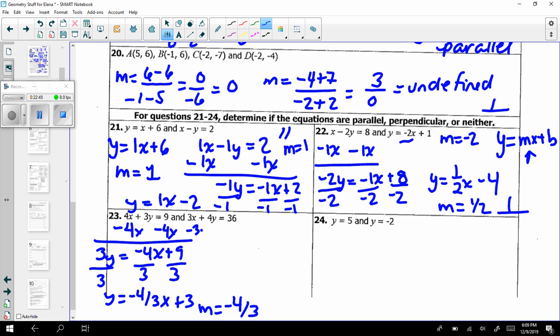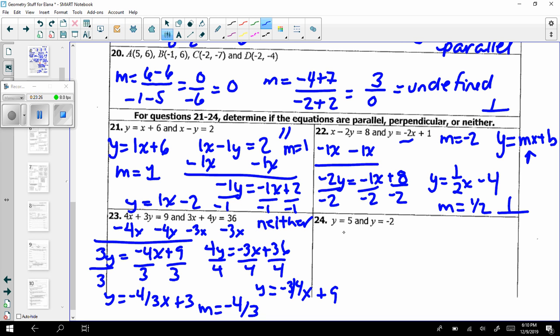Here, I'm going to subtract 3x, and I've got 4y equals -3x plus 36, and I divide by 4. So I get y equals -3/4 x plus 9. Now, since these are both negative, even though they're reciprocals of each other, they are not perpendicular because one has to be positive and one has to be negative. So this is neither.